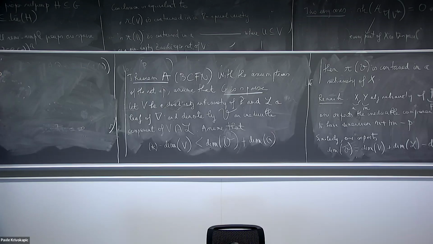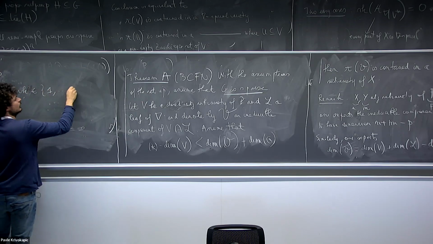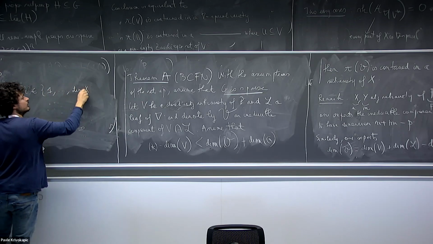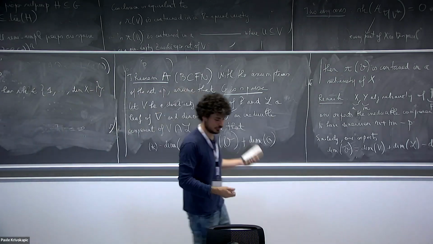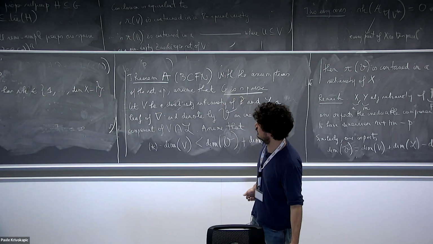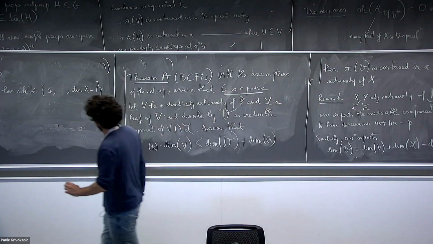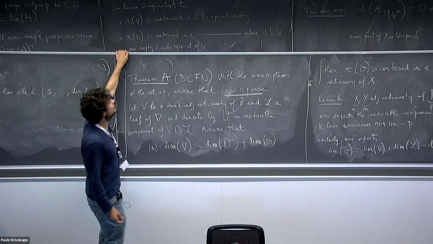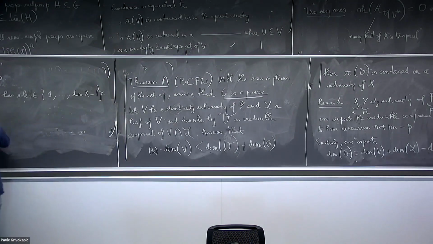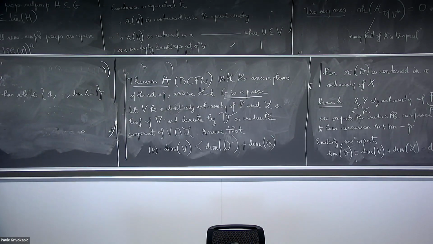H delta restricted to X star has rank between the max of the dimension of V and dim of X minus 1. And because we assume that V is the Zariski closure of V bar, this foliation has no rational integral.